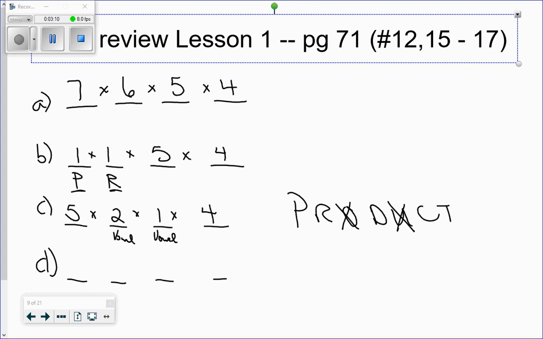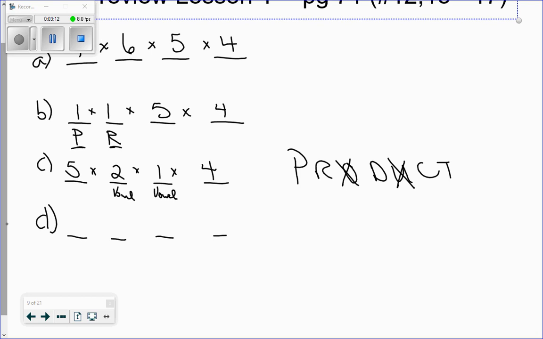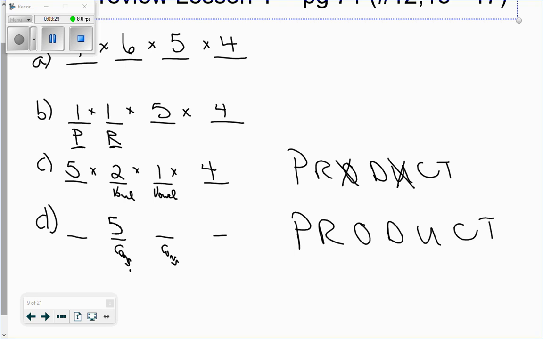Part D has 2 consonants in the middle. So consonant, consonant. Okay, so how many consonants do you have? Consonants are the non-vowels. So how many consonants do you have to pick from? 5. So let's say we pick the letter D. So D can't be used again.